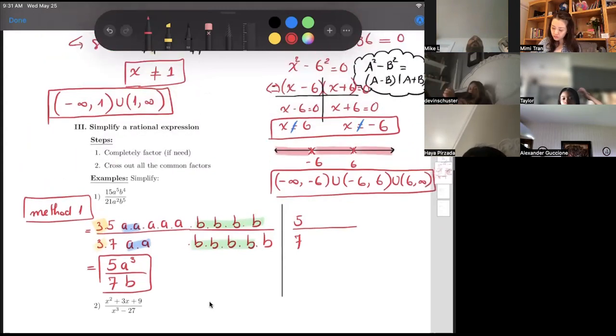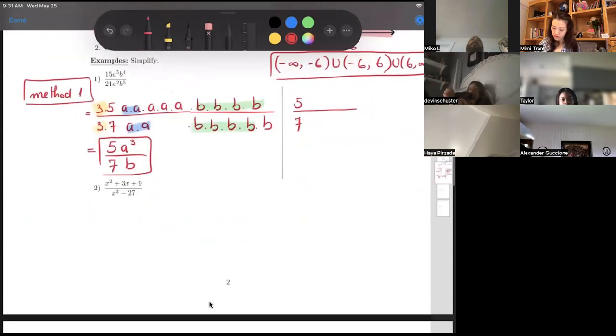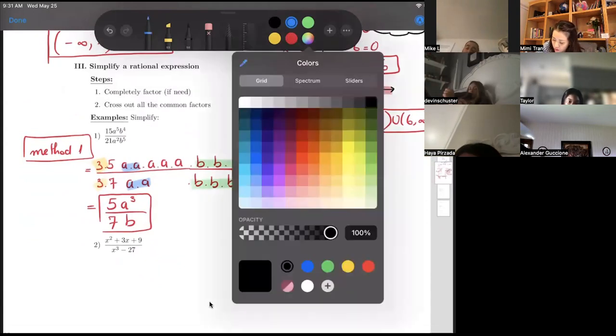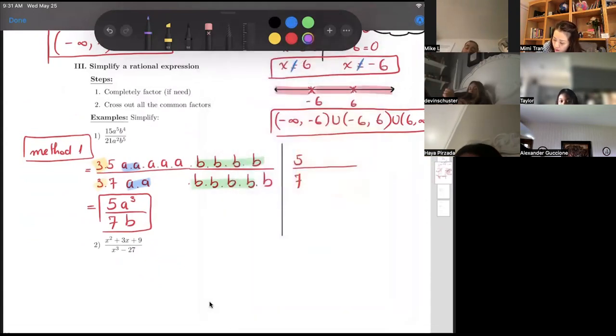I'll write here, I'll use purple. If I have a to the m divided by a to the n, then it's equal to a to the m minus n.